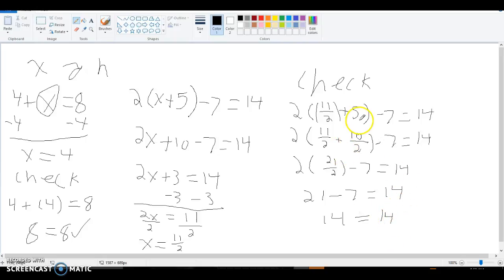Now, going back to what was stated earlier in the tutorial, you can have a solution where you get two choices, where you have an x squared in your equation. So we're going to take a look at that.